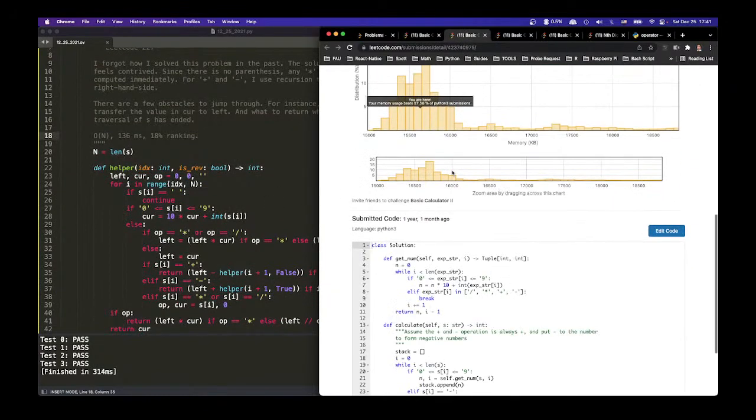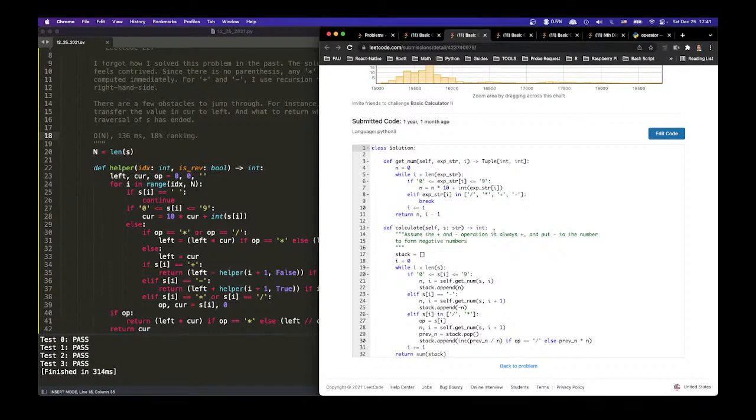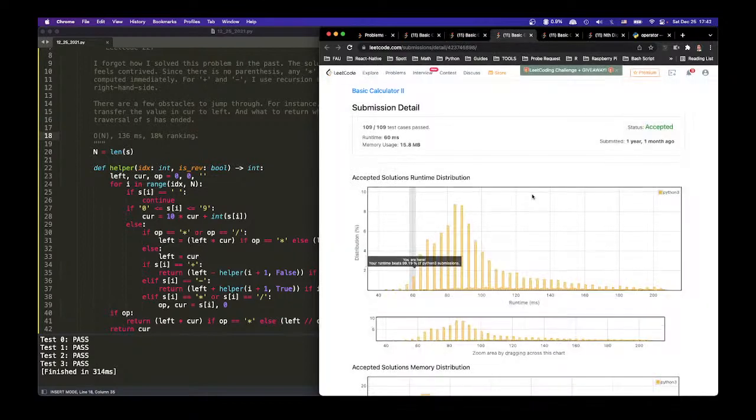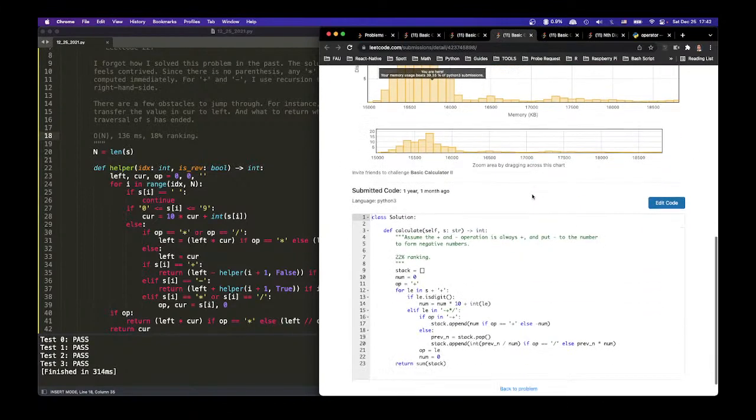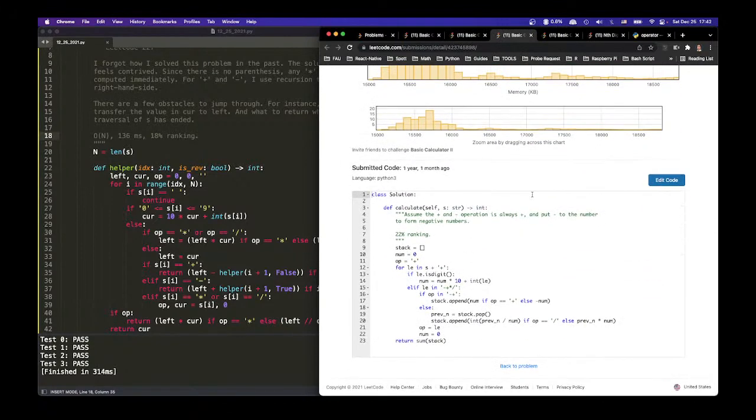This is simpler. All right, want to take a closer look later on. Get number. Okay. These are the fast ones. I think it's eval. Oh no, that's not eval.